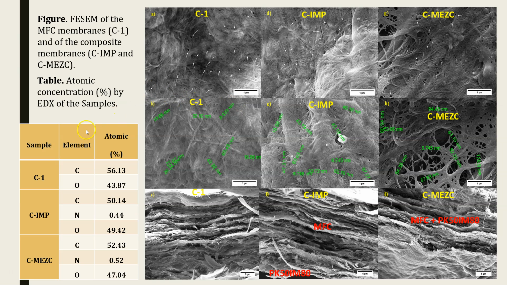On the other hand, EDX analysis showed that the presence of nitrogen indicated the presence of polyketone in this material. Finally, an image of a transversal cut of this material shows that it is structured by layers, which helps explain some properties, such as the mechanical properties of these materials.